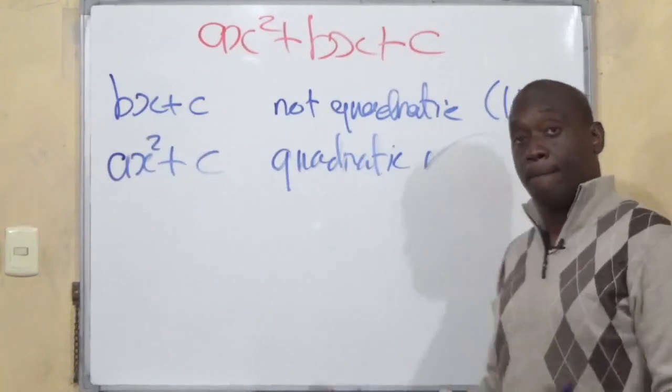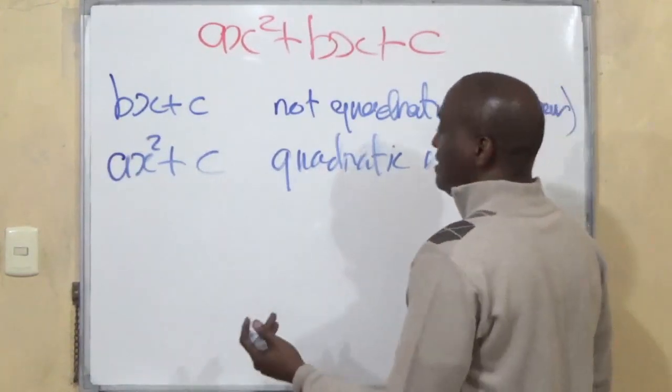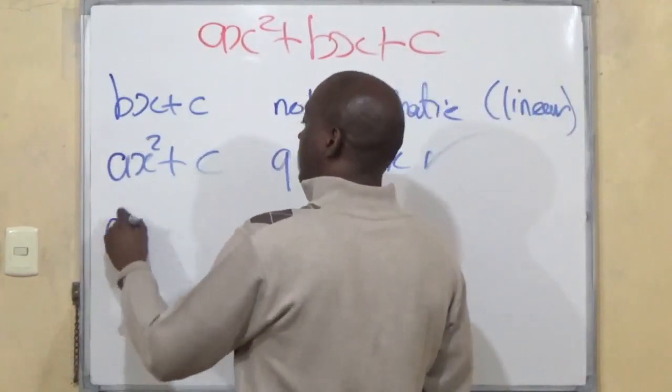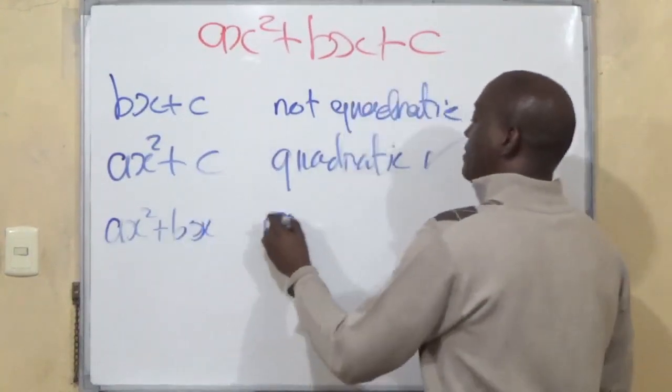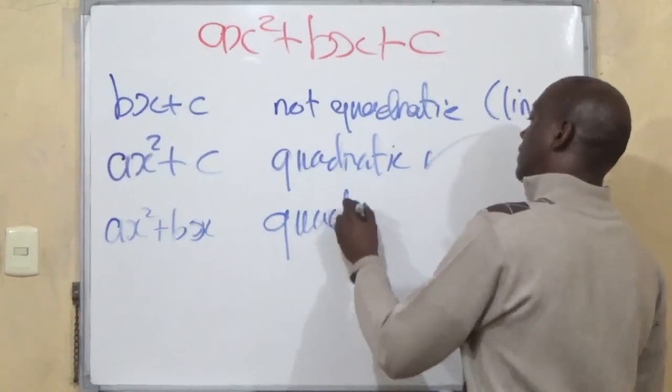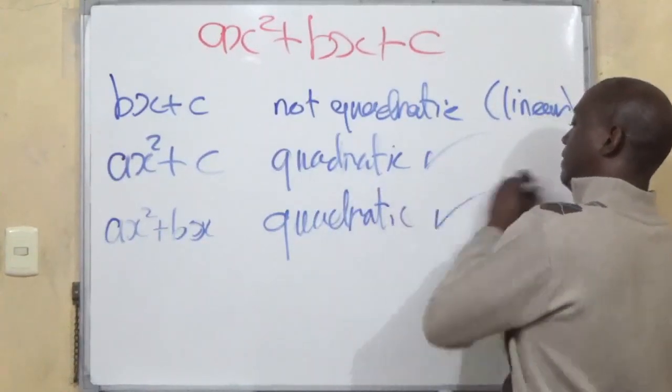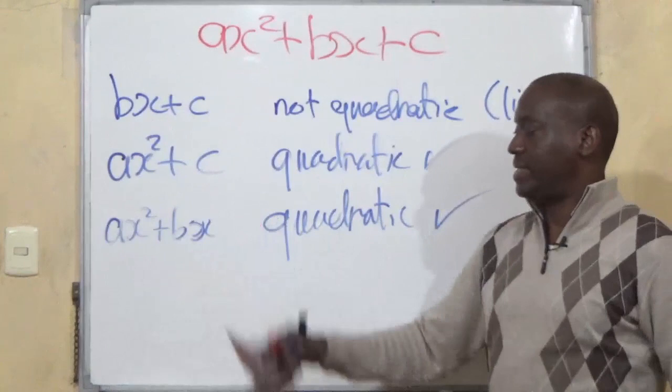No problem. If c is equal to 0, we are left with ax squared plus bx, which is also a proper quadratic because the ax squared term is there.